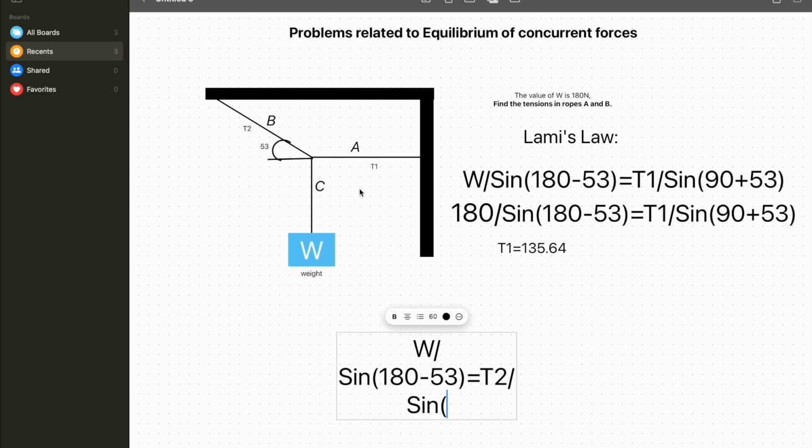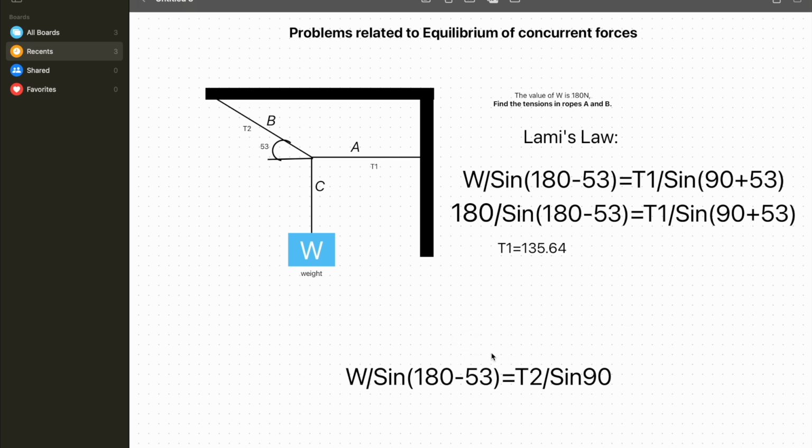Sine 90 is equal to 1. So we can easily say that W divided by sine of 180 minus 53 equals T2 straight.